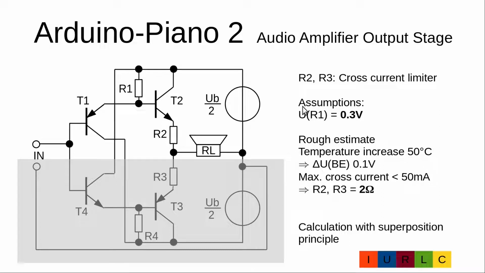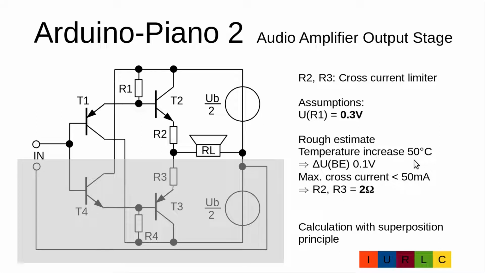For further calculation, we will do some assumptions. UR1, this is this voltage, should be not bigger than 0.3 volt. Now we estimate that the temperature increase between the junction temperature of T1 and T2 is not more than 50 degrees Celsius.